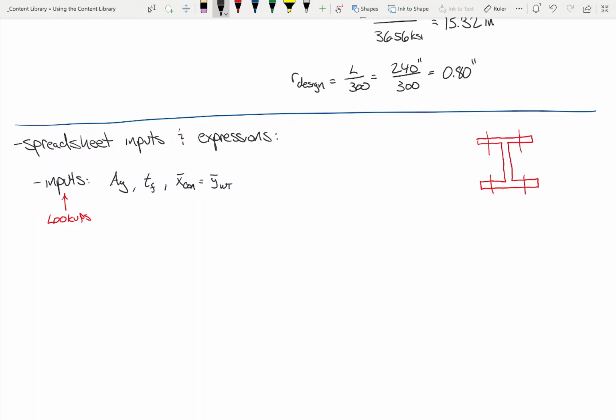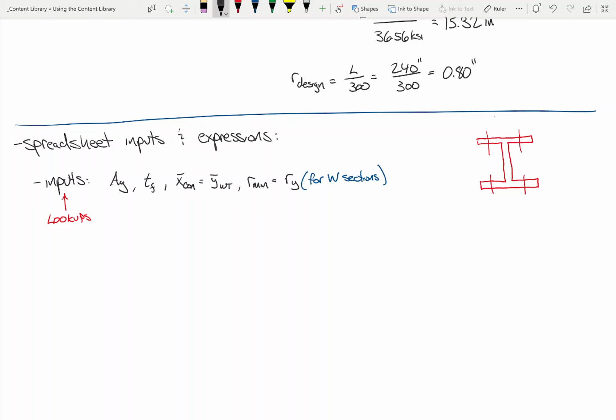What else? RX and RY. I'm going to need RMIN. Now, for a W section, which one's RMIN? Always RY. I promise you, I'm missing some.